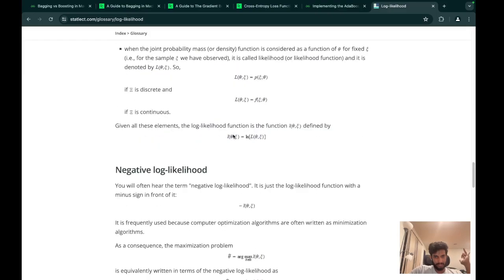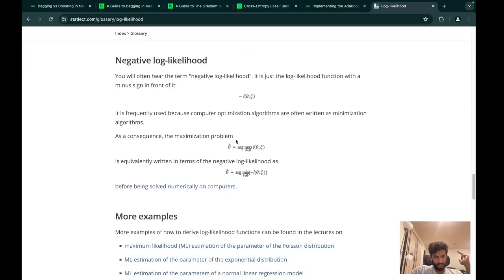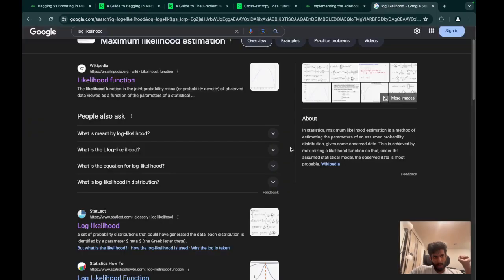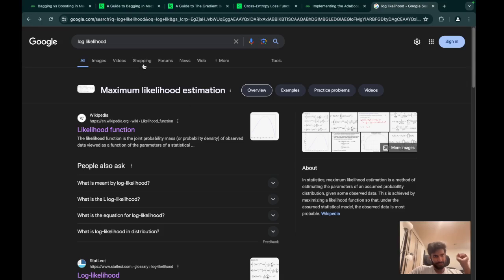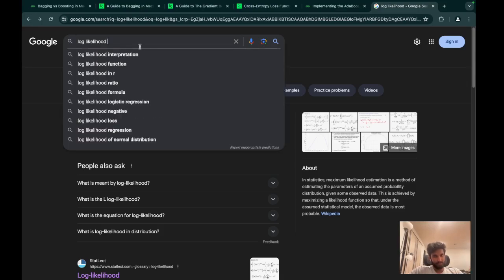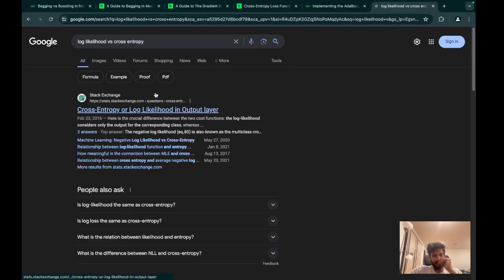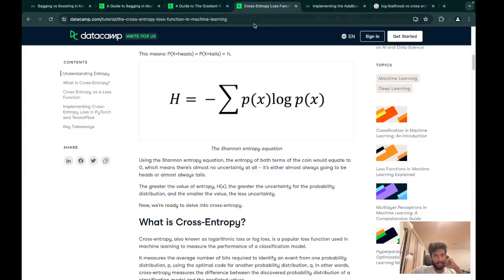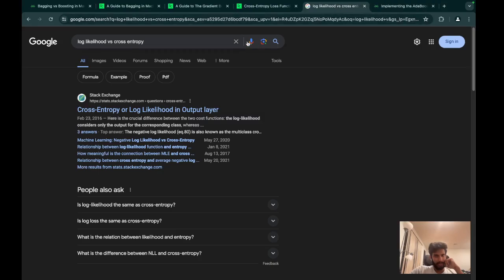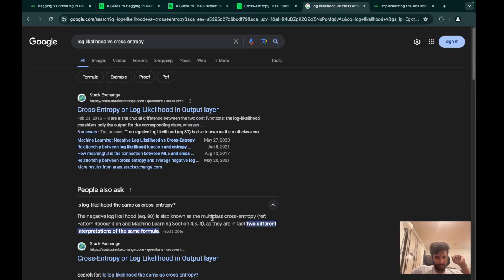Just give me the formula, man. Wait, so we are looking at cross entropy, right? Just seeing entropy versus cross entropy. That's known as multi-class cross entropy.